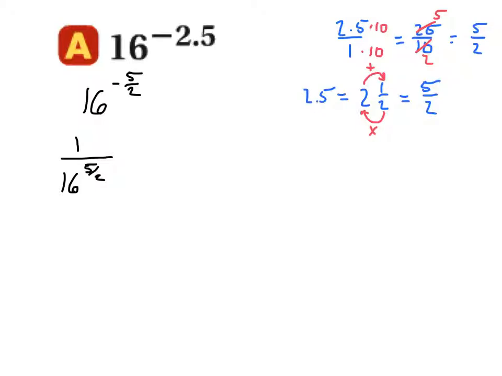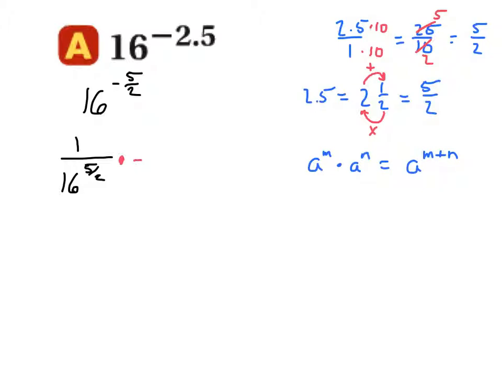We want to look for the next number larger than 5 that is divisible by 2. That number is 6. So now that we know that, we want to look at the rule that says a to the m power times a to the n power is a to the m plus n power.